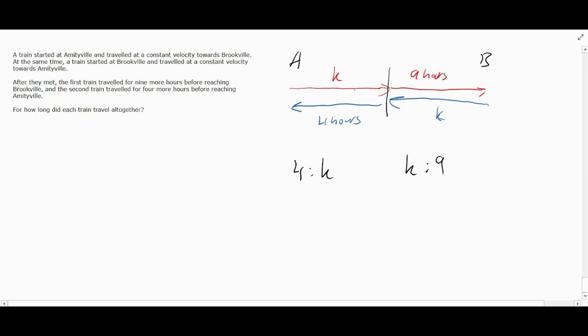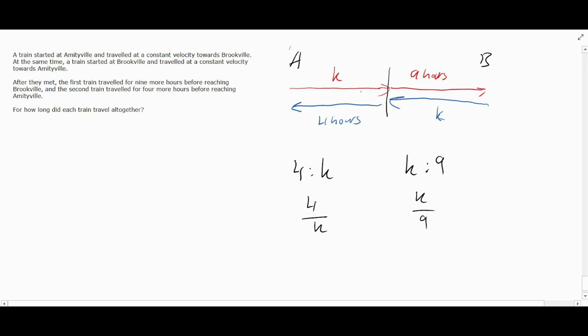So the ratio of one speed to another you can think of as being 4 over k, and the other one being k over 9. Pretty much what's happening here is this is traveled in 4 hours and this is traveled in k hours.